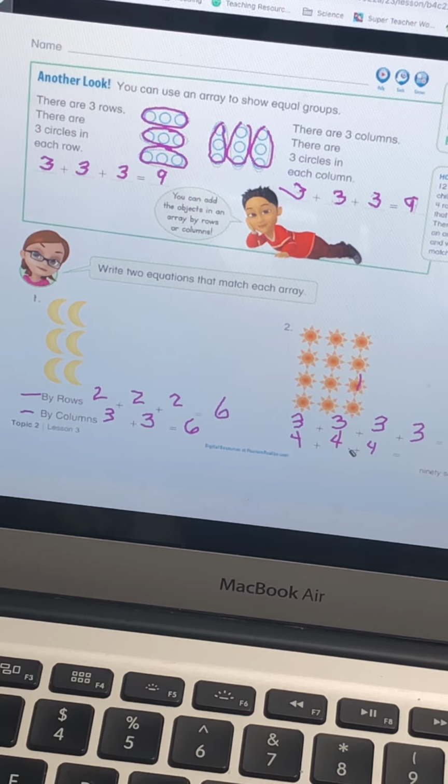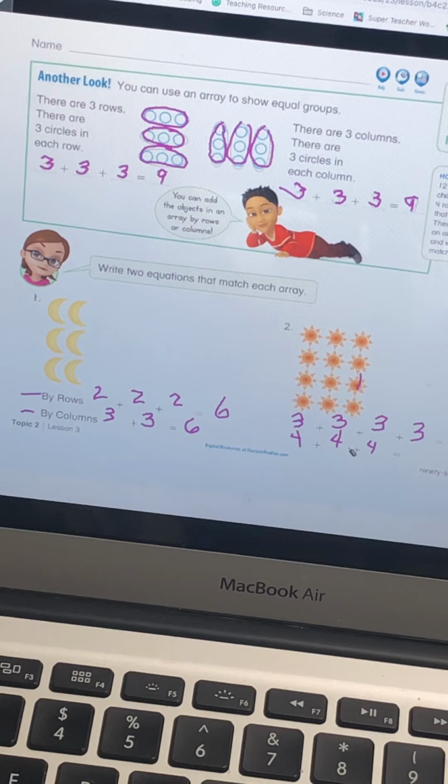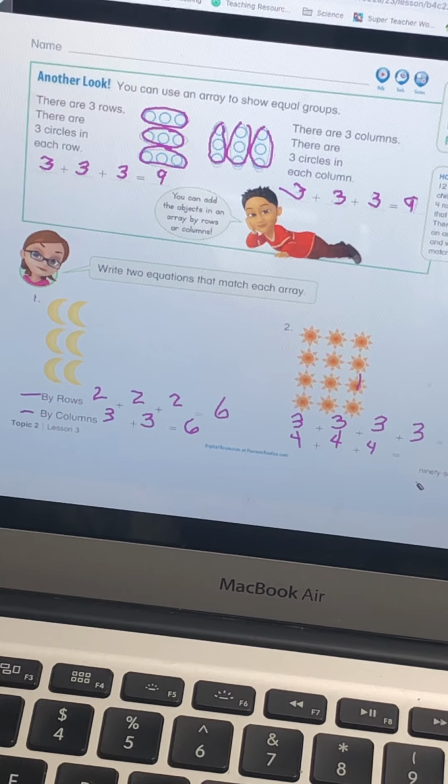What's 4 plus 4, Kyron? 8. Plus 4 more. 8 plus 4. Not 14. 12. Good job.